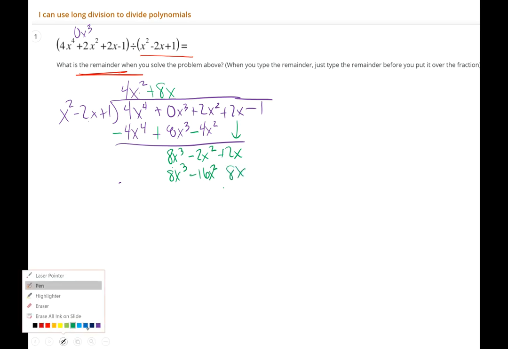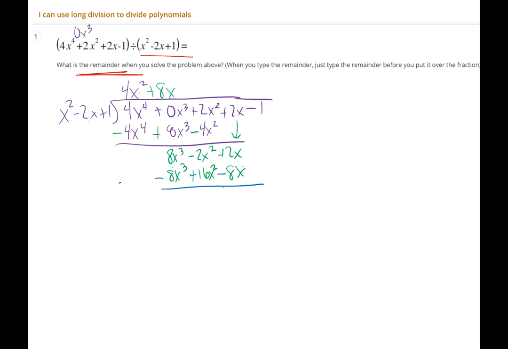And we need to switch the signs. So minus plus minus. The x cubes are gone. Negative 2x squared plus 16x squared is 14x squared. 2x minus 8x is negative 6x. And then I'm going to drop down the minus 1.